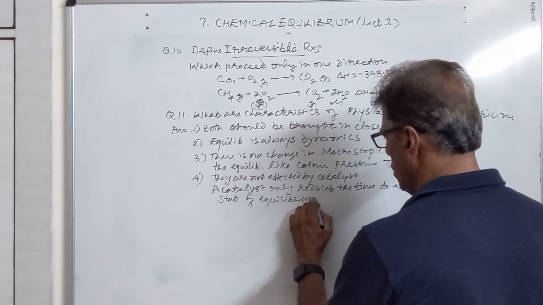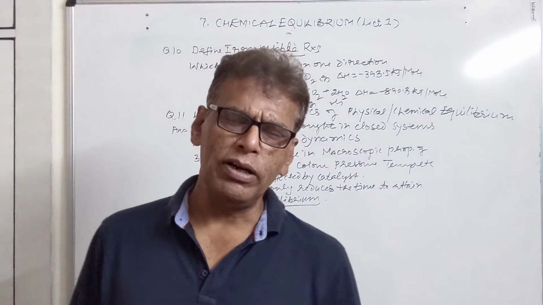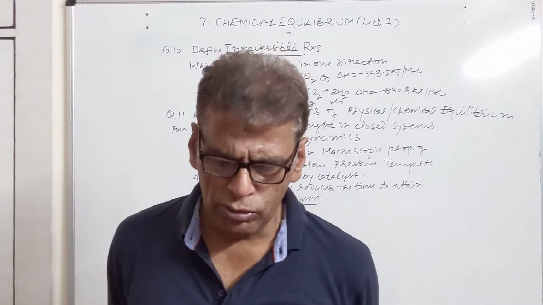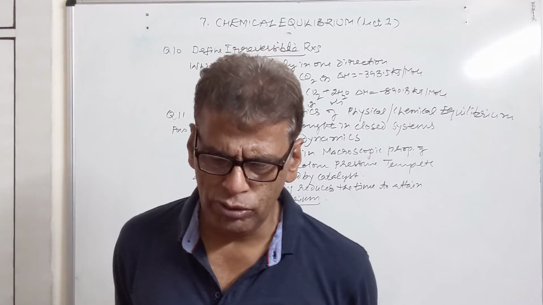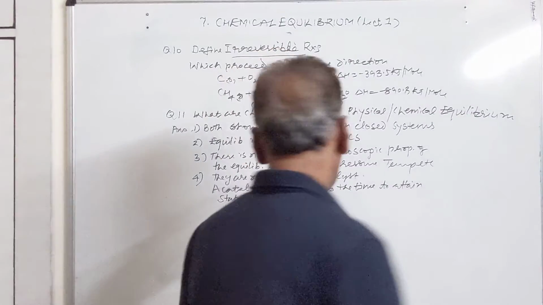It affects both the reactions to an equal extent. जितना फॉरवर्ड रिएक्शन के रेट को इंक्रीज करेगा उतना ही बैकवर्ड रिएक्शन के रेट को इंक्रीज करेगा. So it affects both of the reactions to an equal extent.